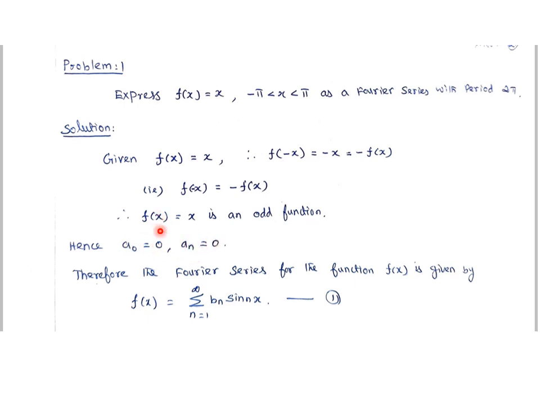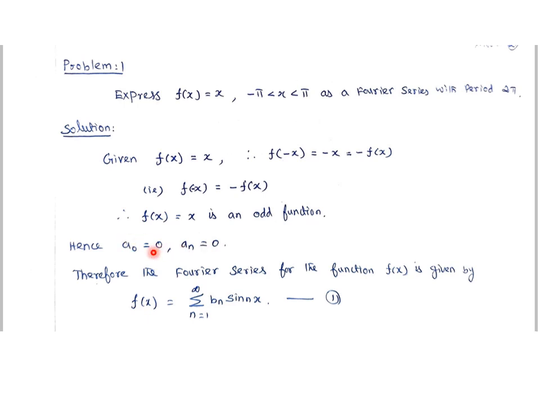Here our part is only to find the Fourier coefficient bn. Therefore, the general Fourier series f of x equal to a naught by 2 plus summation n equal to 1 to infinity an cos nx plus summation n equal to 1 to infinity bn sin nx will be reduced as f of x equal to summation n equal to 1 to infinity bn sin nx, because already a naught equal to 0 and an equal to 0.